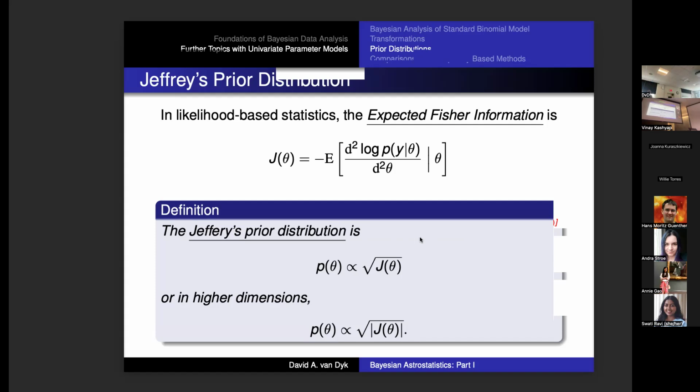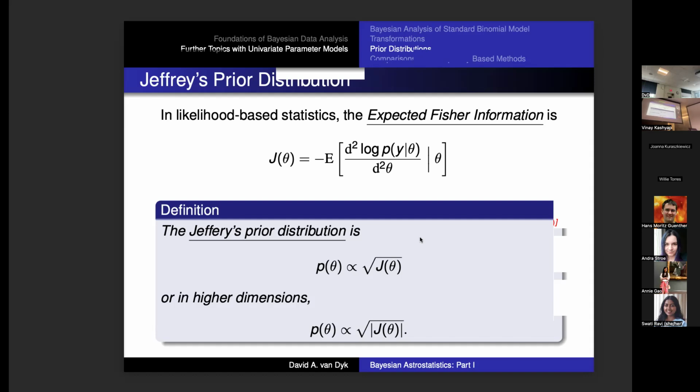I don't want to go into too much detail, but I'll show you how you derive what Jeffreys came up with. He came up with this thing, which is based on the expected Fisher information. This is the sampling distribution. The log of it is essentially the log likelihood, and he's taking the second derivative of the log likelihood. That's the curvature. That's why it's called the Fisher information: as this quantity gets bigger, I have more information, as the likelihood becomes steeper and steeper.